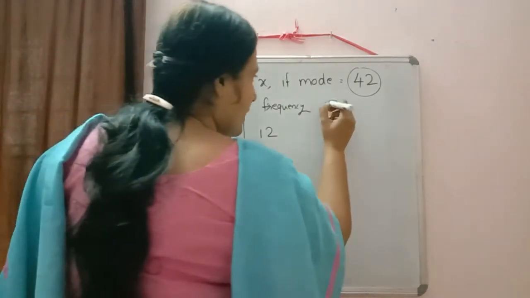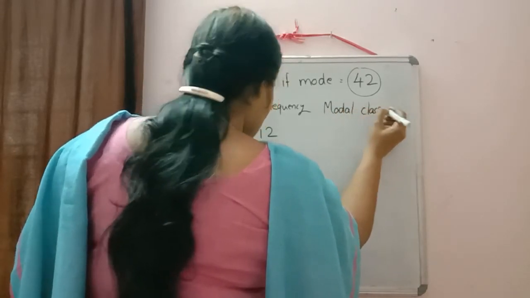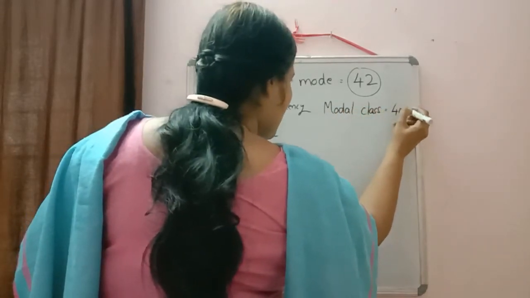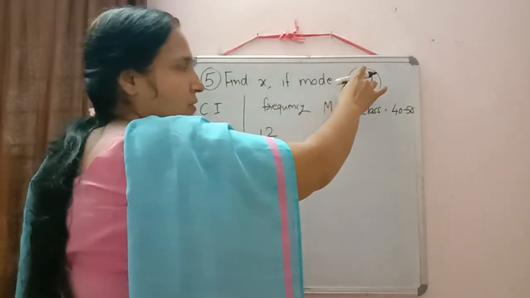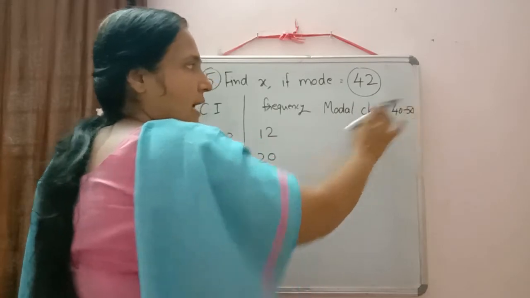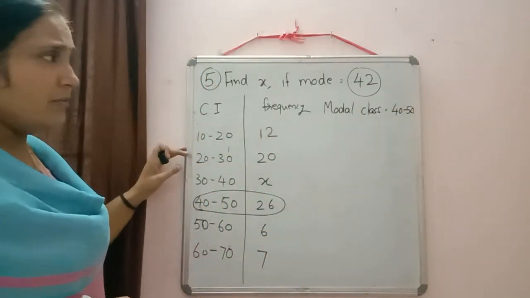So therefore our modal class will be equal to 40 to 50. Why did we write 40 to 50? Because 42 lies between 40 and 50. Therefore modal class is equal to 40 to 50.